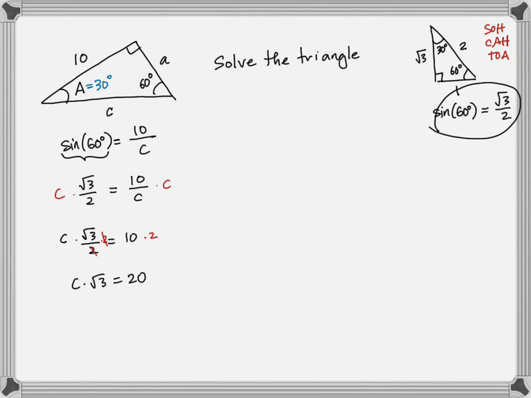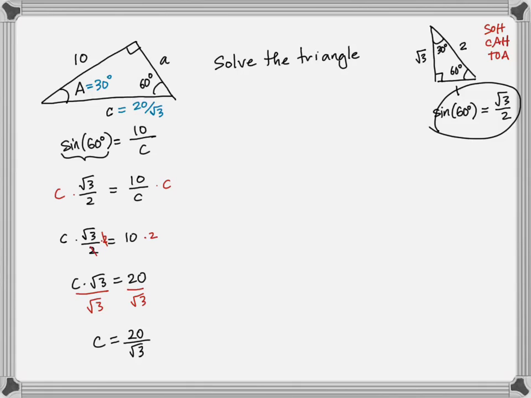And then I could divide by the square root of 3, and that would give me that C equals 20 divided by the square root of 3. All right, so I'm going to come up here and say C equals 20 divided by the square root of 3.